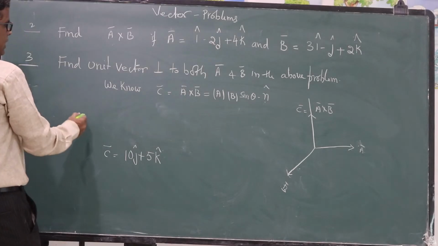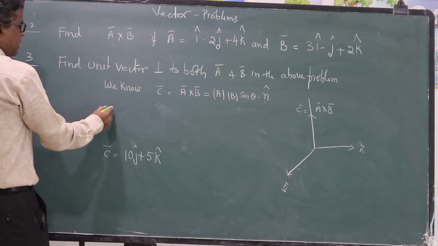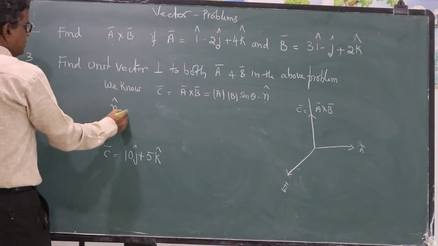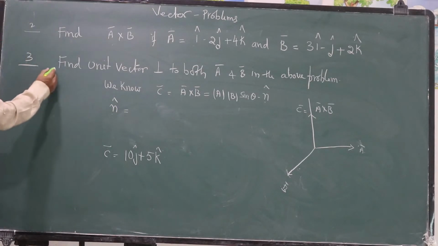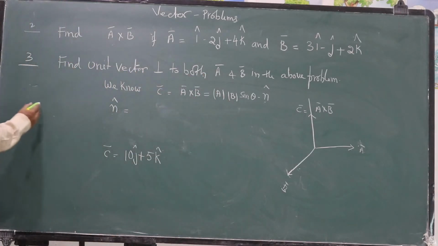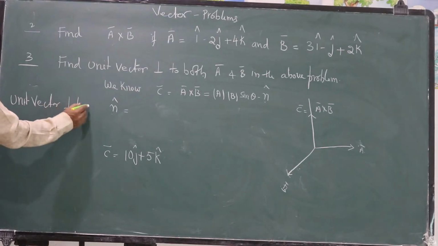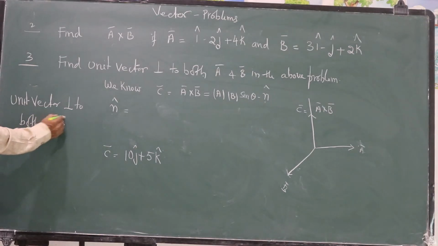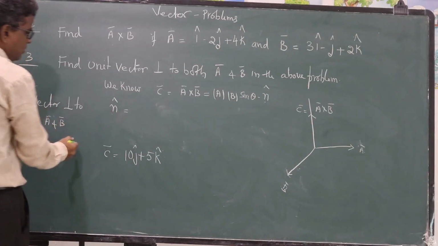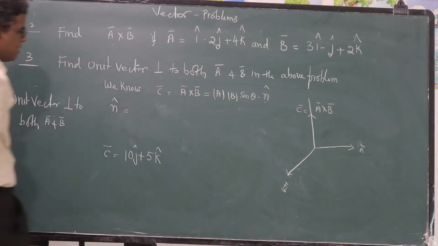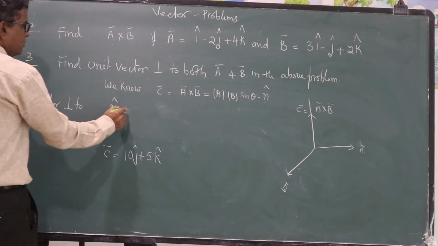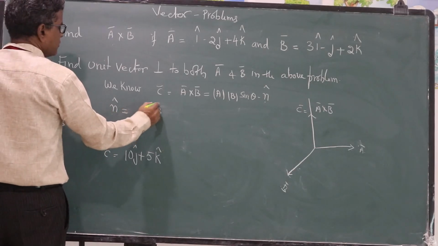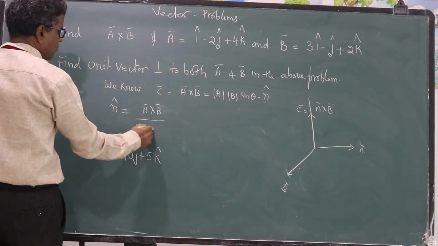So we can write n cap is equal to A bar cross B bar by mod A mod B sin theta.